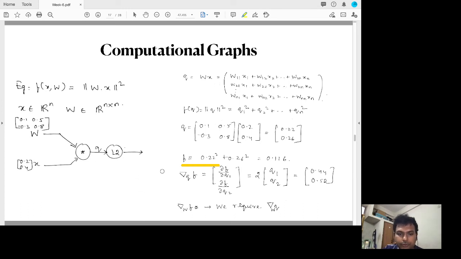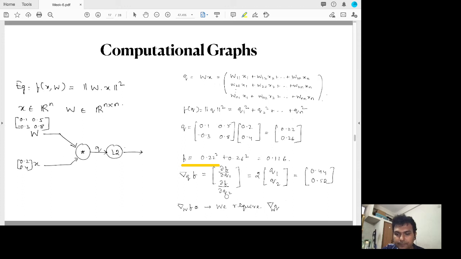This is the capital delta, also known as nabla. The del q of f would be dou f dou q1 and dou f dou q2, the two components of q.